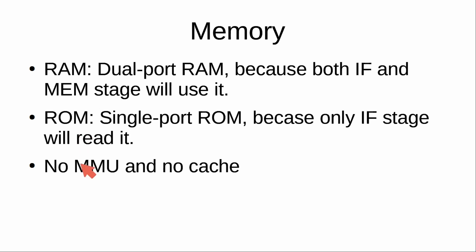And since this is a simplified project that focuses on the CPU design, we won't include the MMU and cache design in our SoC. For the RAM and the ROM, we actually don't have to write any Verilog code. We can just use the IP provided by Quartus.